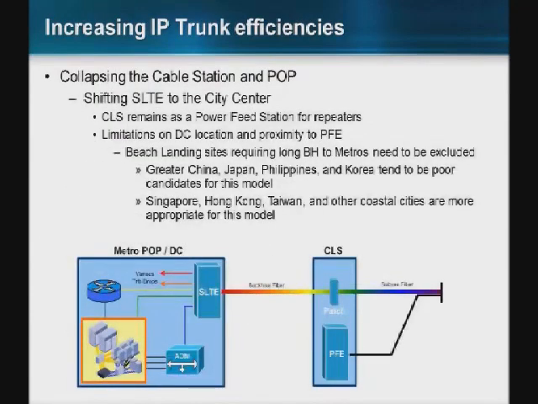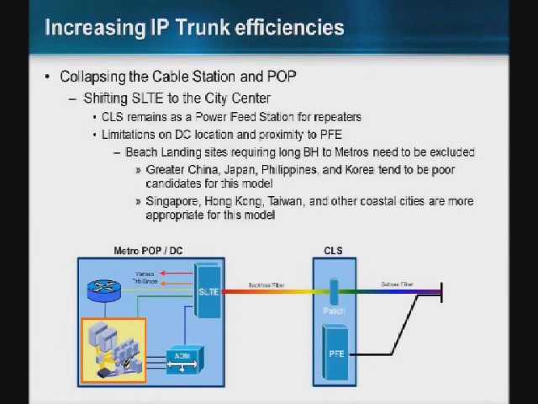So, from a submarine cable operator, we have been looking at ways to make it more efficient in terms of bringing international capacity into a particular market. And some of the things that we looked at is collapsing the cable station and POP. Essentially, moving the capacity, instead of from the cable landing station and terminating to backhaul, shifting it into the metro directly. And one of the ways to do that is look at shifting the SLT to the city center. Basically, in that scenario, the cable landing station remains just as a power feed station.